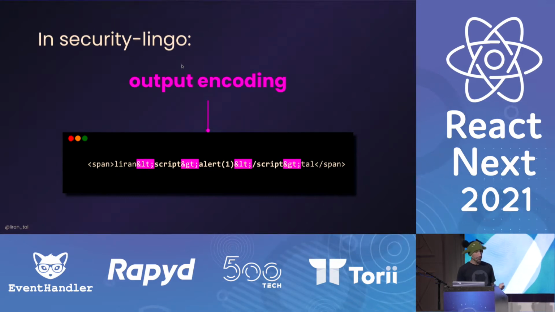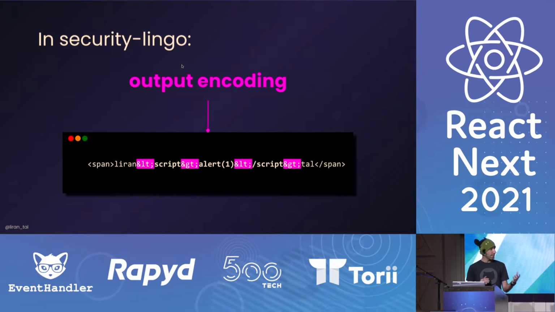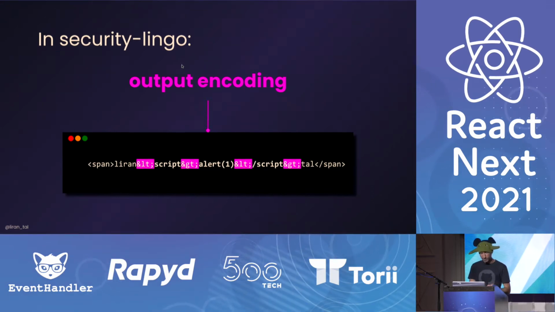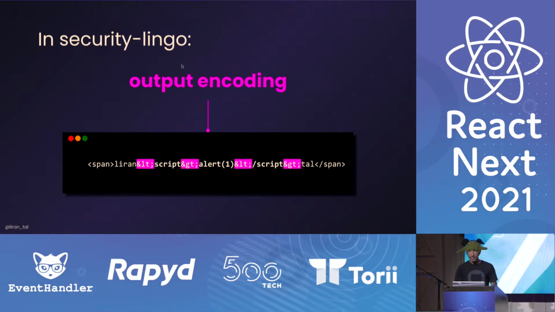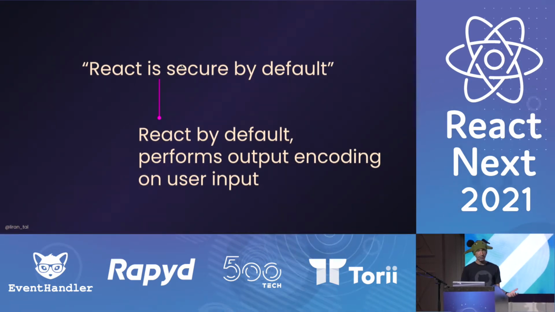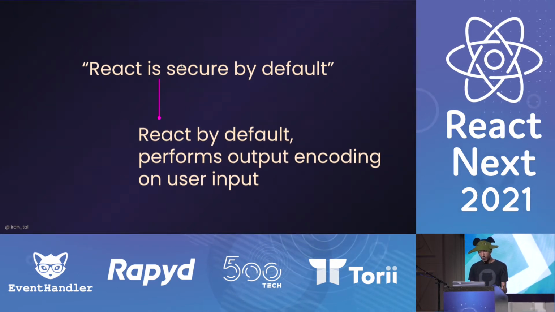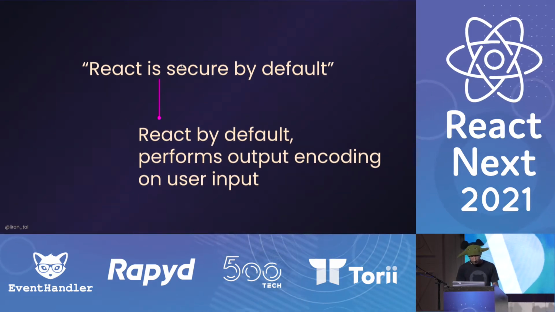And that's how we get the protection that we need. In security professional linguistics, it's called output encoding. And that is the way that React is secure by default. So when we refer to React being secure by default, this is what we mean. As a view library rendering data onto the page, this is it.